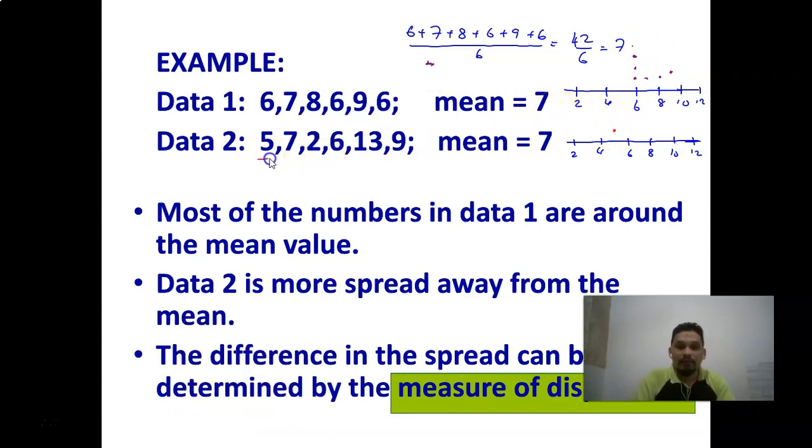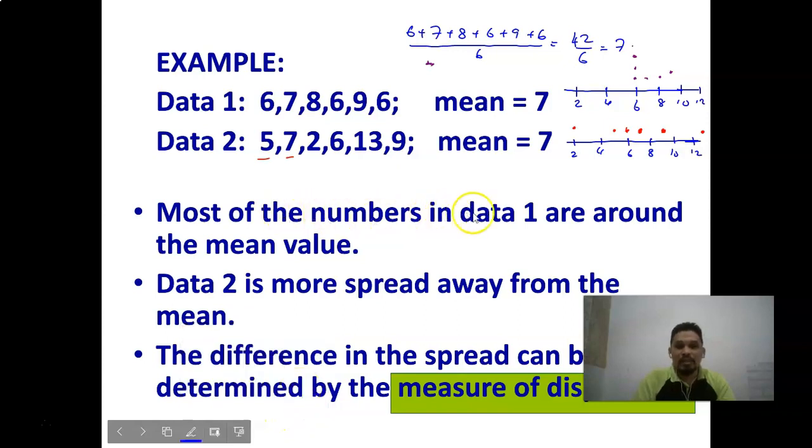And then now here, 5, 7, 2, 6, 13, and 9. What can you see here now?